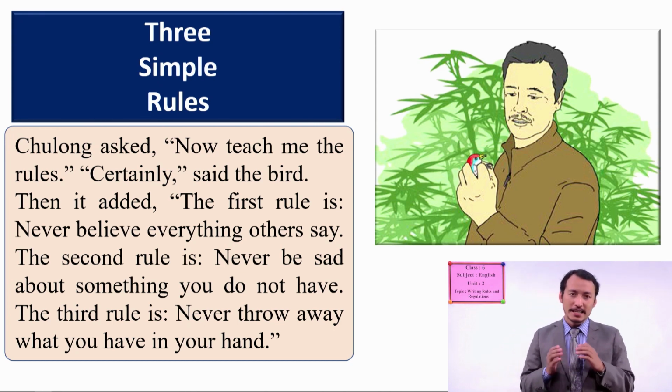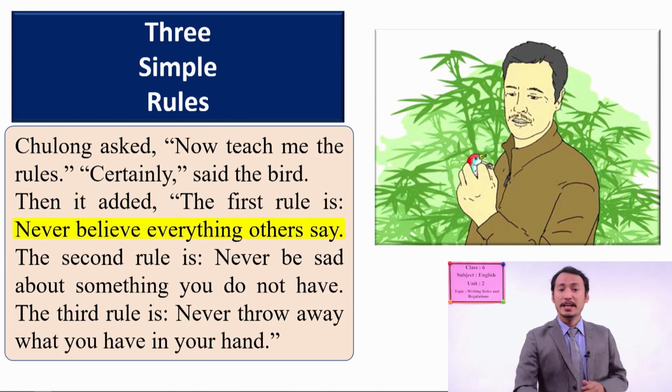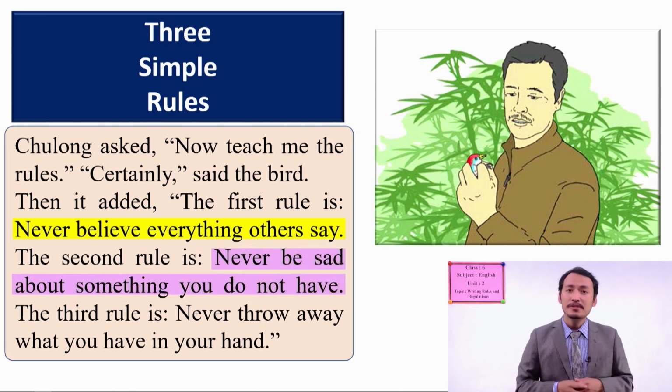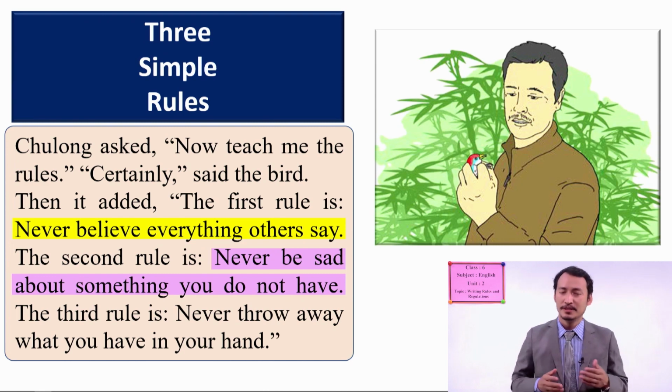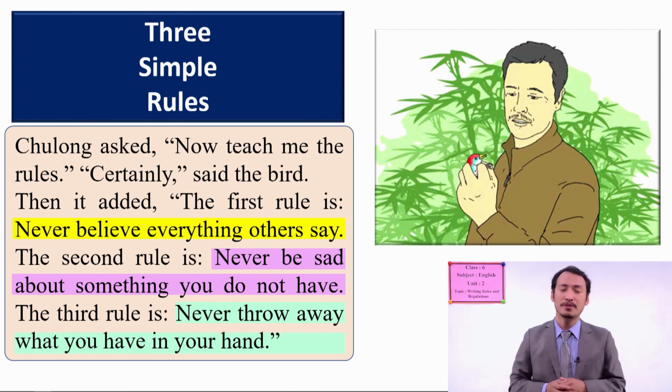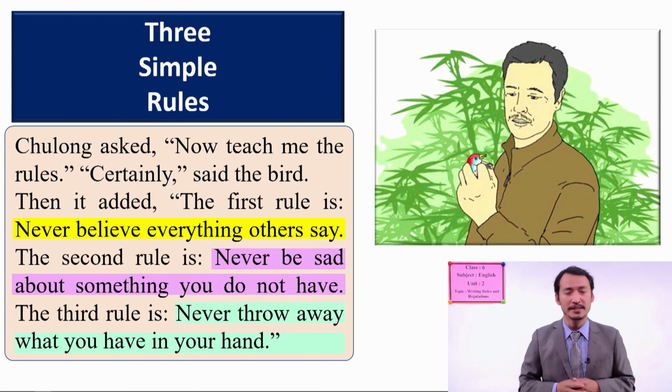The 3 simple rules were: never believe everything others say, the second rule is never be sad about something you do not have, and the third rule is never throw away what you have in your hand.